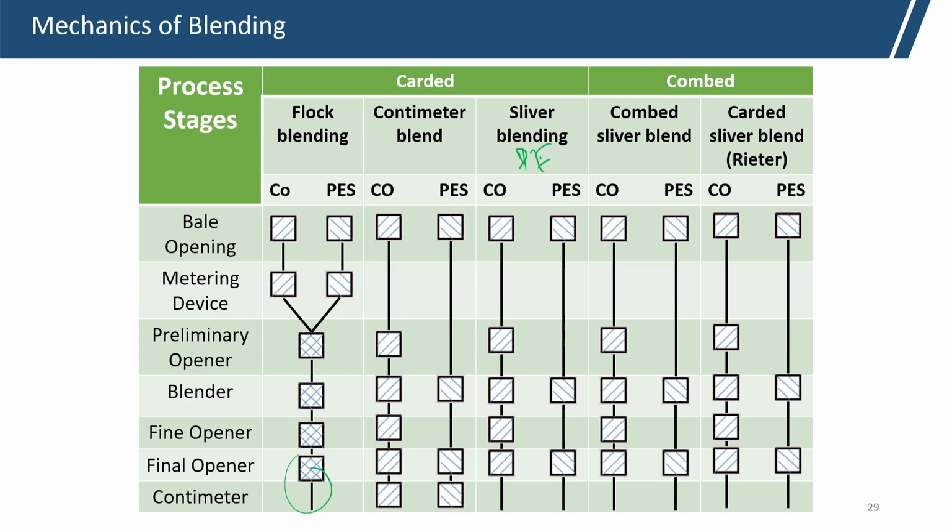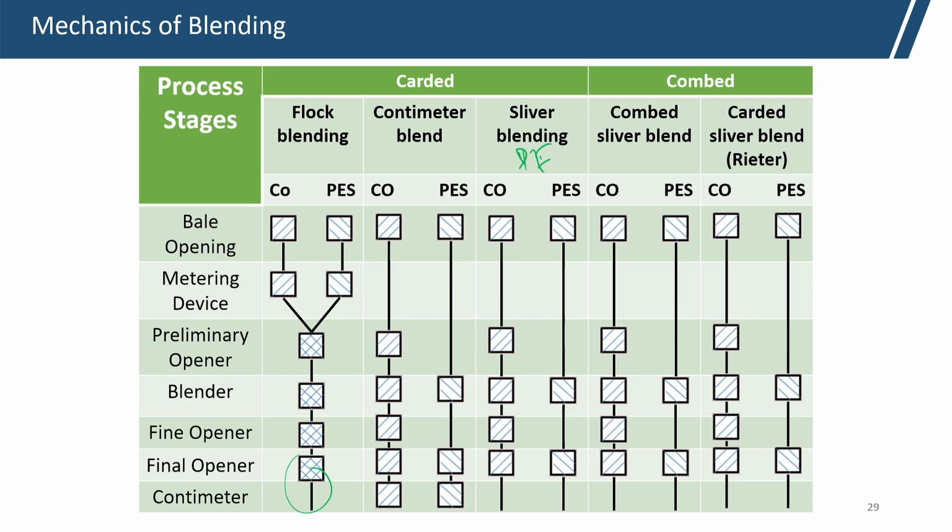For combed blending, the cotton is processed and polyester is processed separately. In carded sliver blending, the carded and carded, combing is not there, but they are processed separately and it is blended at the draw frame stage.